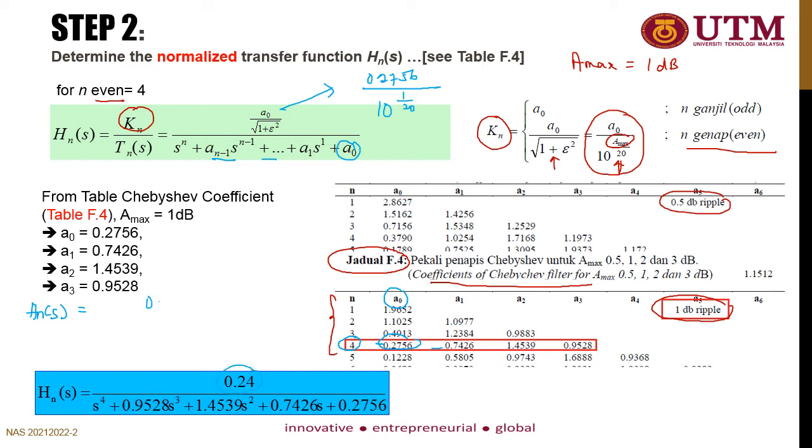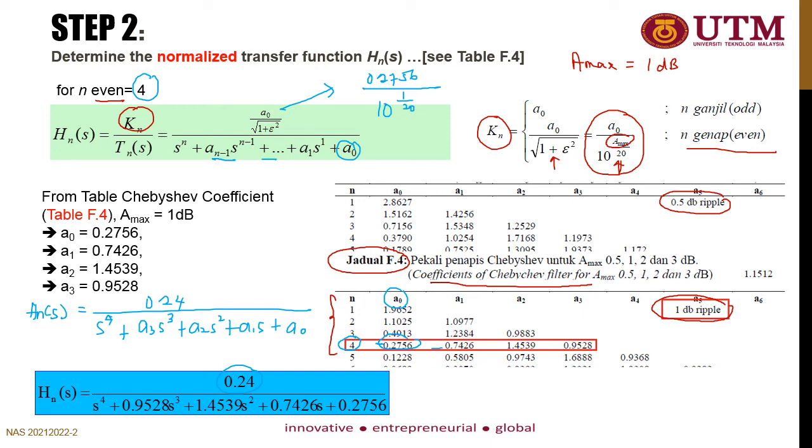So 0.24 divided by s to the power of n, the highest n is 4, so s to the power of 4 plus A3 s to the power of 3 plus A2 s to the power of 2 plus A1 s plus the last one, A0.